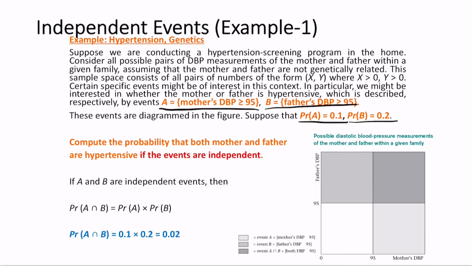Then the probability of A intersection B for the offspring is the product of both, which is 0.1 times 0.2, that is 0.02. For example, if 10% of mothers are hypertensive and 20% of fathers are hypertensive, then the offspring has a 2% chance of being hypertensive. So that's the idea behind the topic of blood pressure.